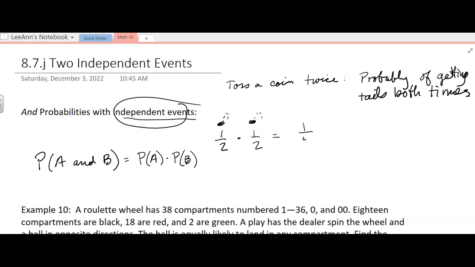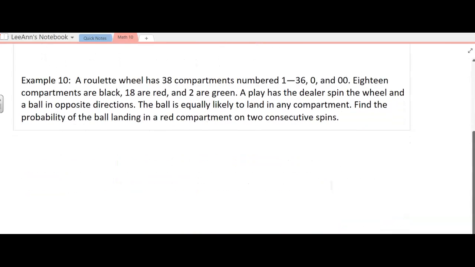So you'd have a 1 in 4 chance. If you think about all the combinations, you could get head tails, head head, tail heads, or tail tail. So it's 1 out of 4 that you would get both tails. That's how you do probability where you're getting 2 events, but the events don't depend on each other. They're independent.